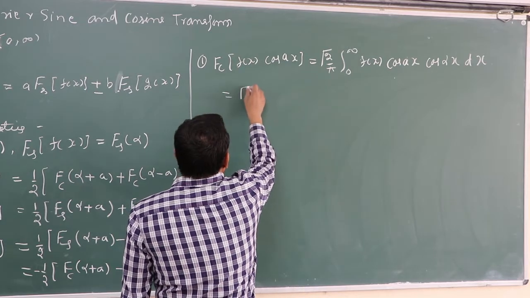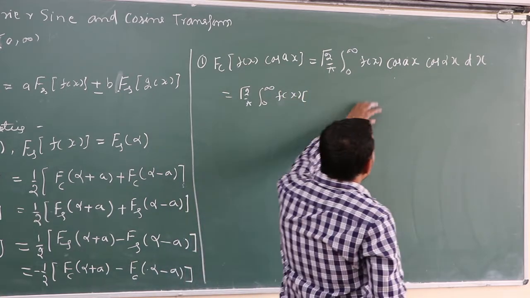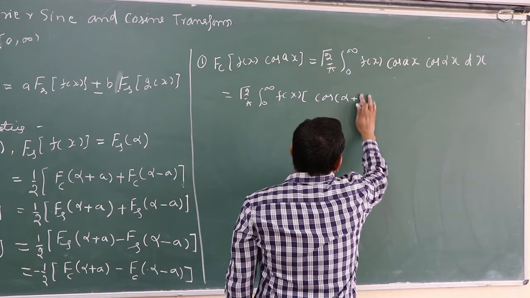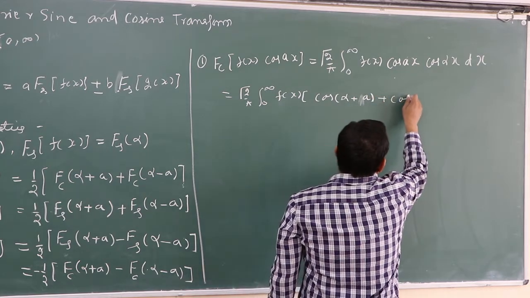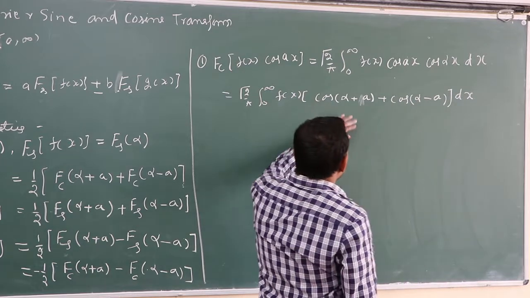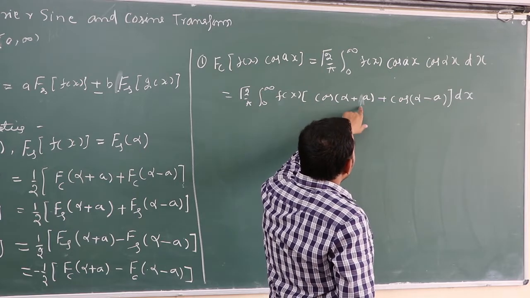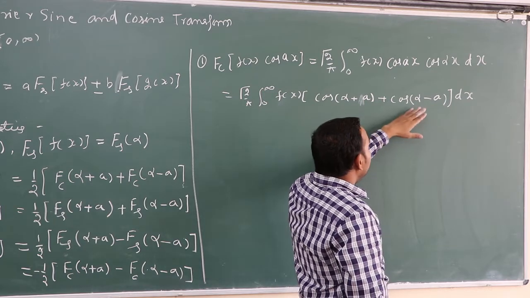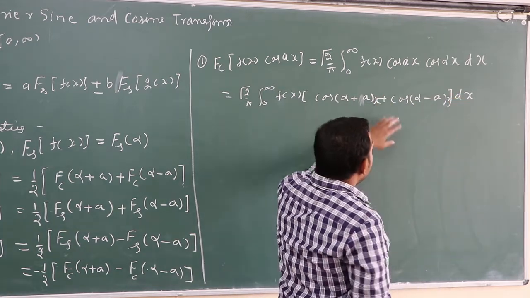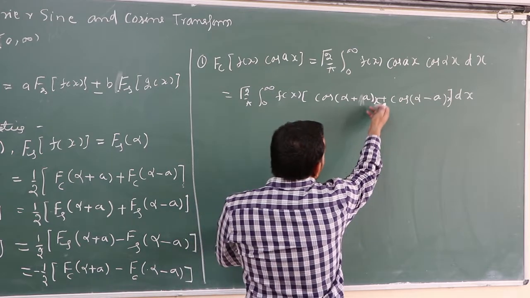We can write cos alpha x cos ax as half of cos alpha plus a x plus cos alpha minus a x, since the sine terms cancel out.